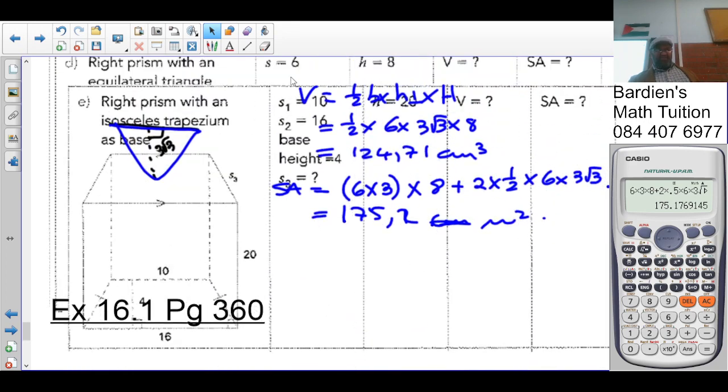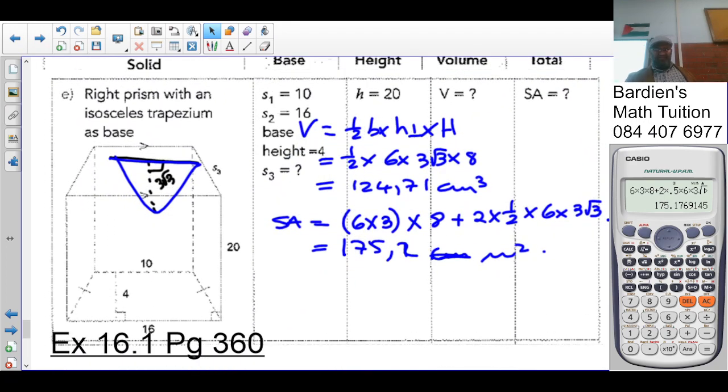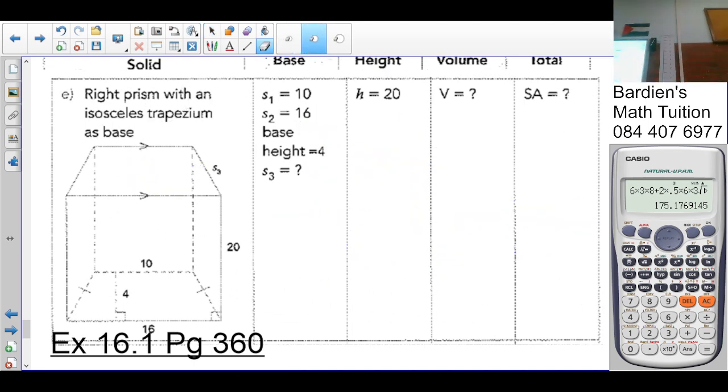Let's look at E. In E, we have an isosceles trapezium, a trapezoid. S1, S2, the base height is 4, and S3 is unknown.